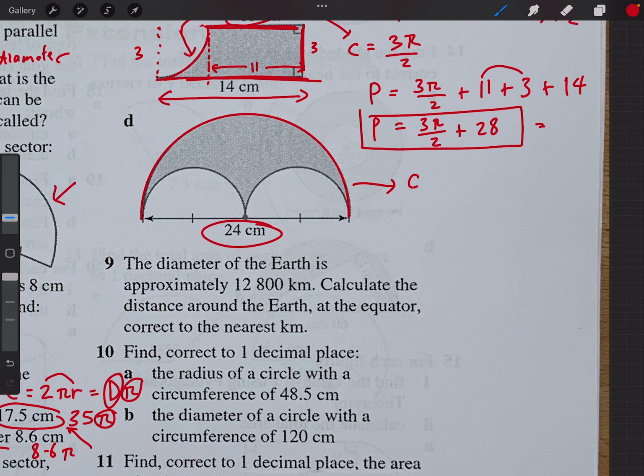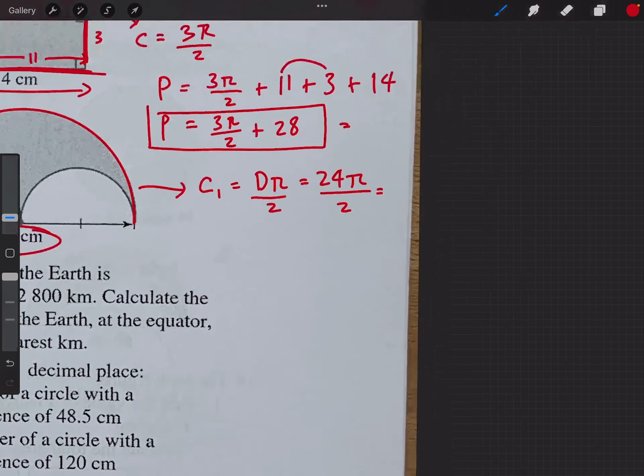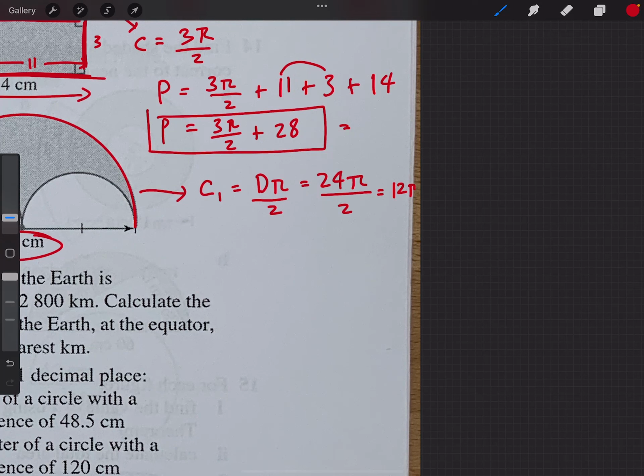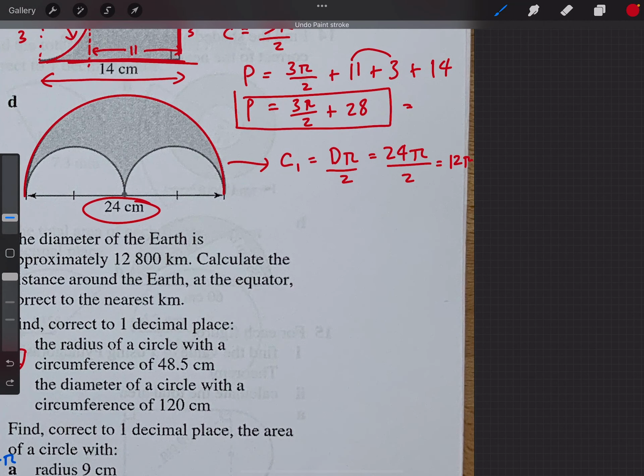So the circumference, I'm going to call this C1, is going to equal diameter times pi, remember, diameter times pi, and that's equal to 24 pi. But we only have half a circle, so we have to divide it by 2. And that's going to give us 12 pi. There you go. Looks a bit messy.